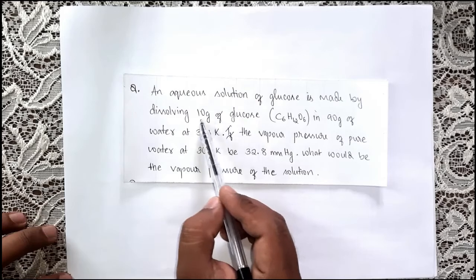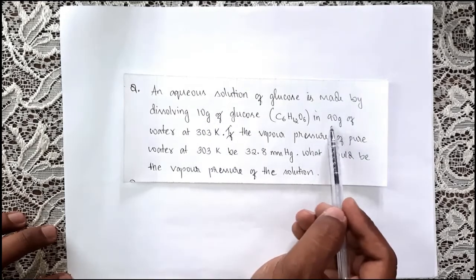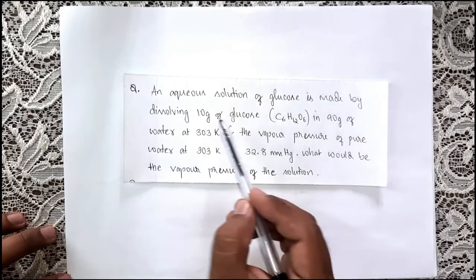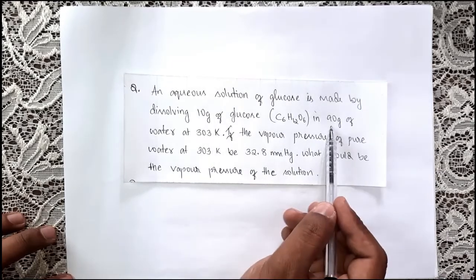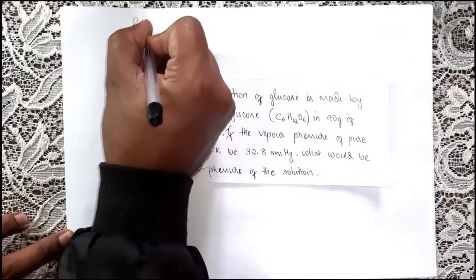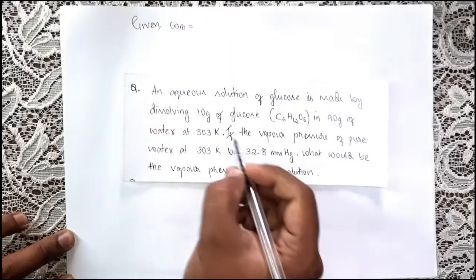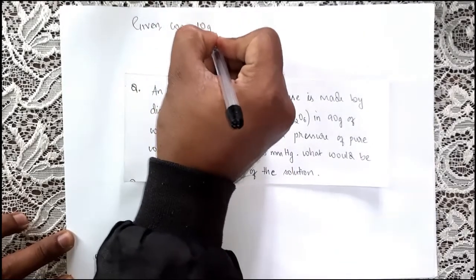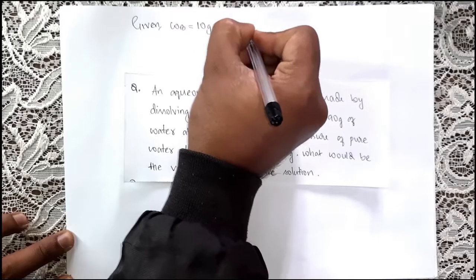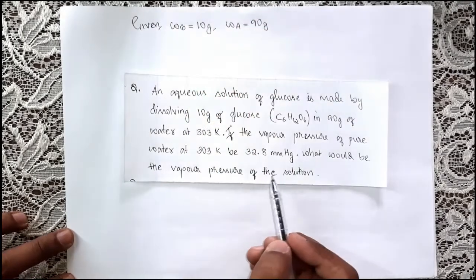So this becomes your solute and this becomes your solvent. So I'll just write the given: WB, which is glucose, that is 10 gram, WA is 90 gram. So these are the two given.